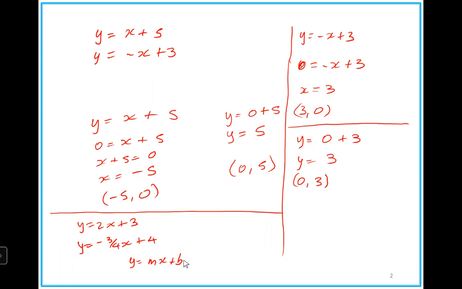In that formula or equation, the m represents the slope and the b represents the intercept. And that is the y-intercept.